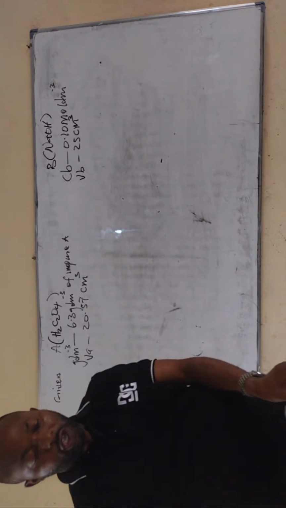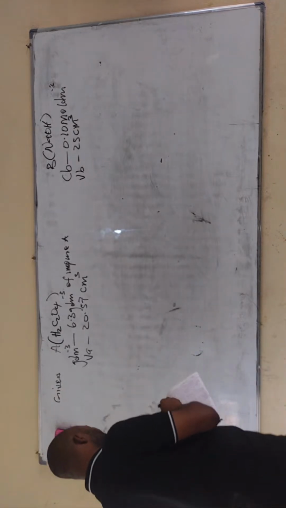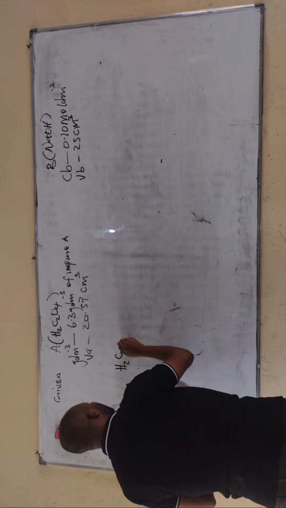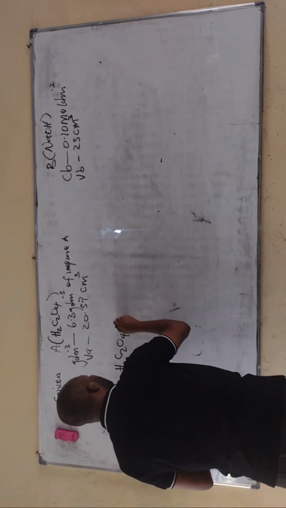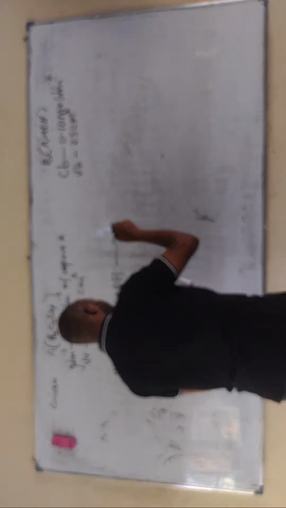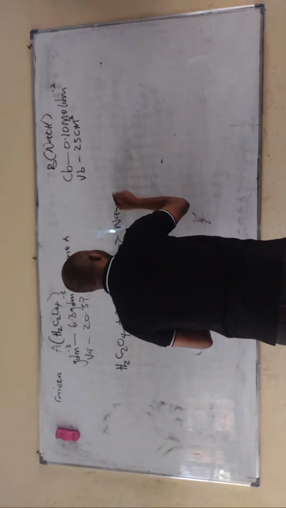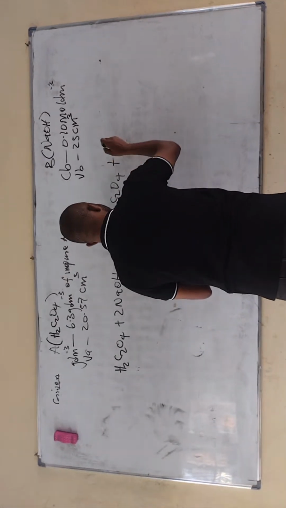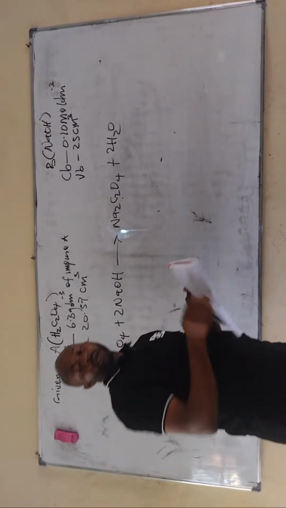All right. They also give us the equation of reaction, which is here. H2C2O4 plus 2 moles of sodium hydroxide will give us Na2C2O4 plus 2 moles of water. Many a time, the equation of reaction will be given.